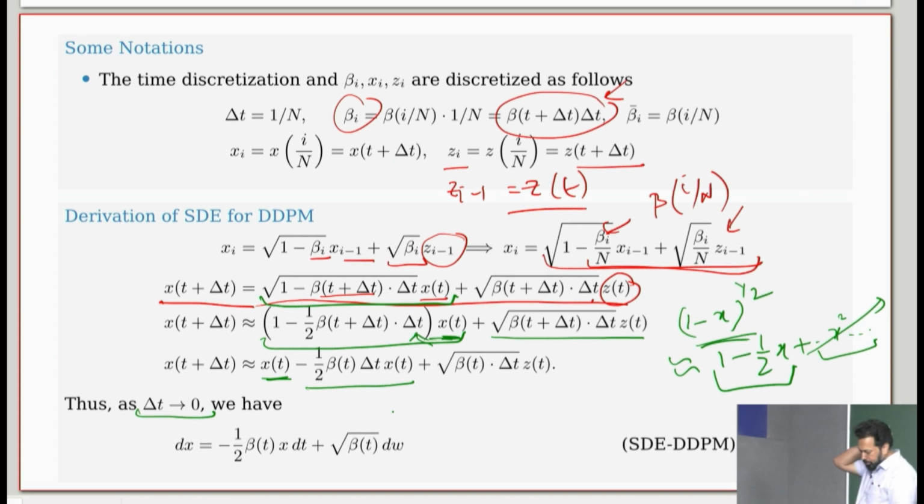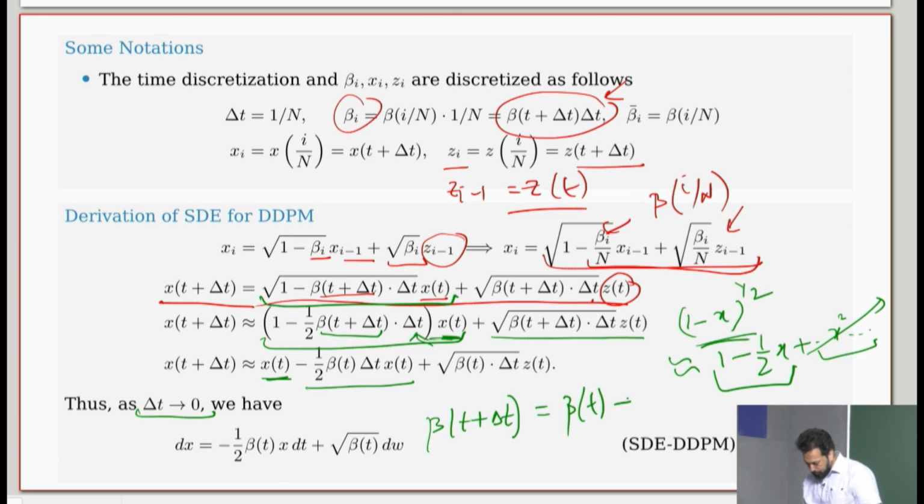It seems we also did one more approximation, because it seems like a Taylor approximation of beta t plus delta t was also done. So beta t plus delta t is beta t plus beta prime t delta t and so on. So this is the Taylor expansion we have.